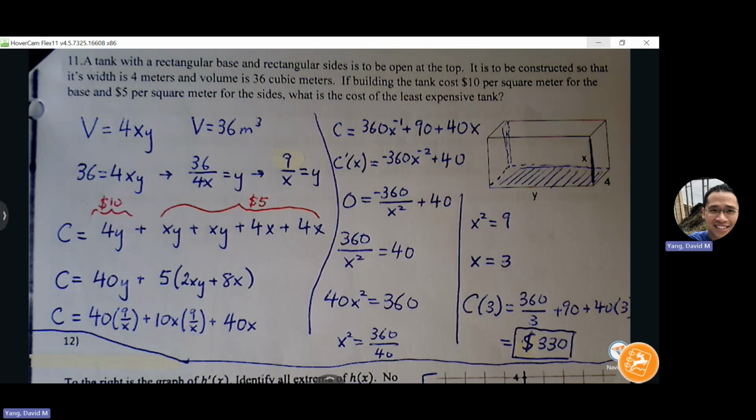Because the material that costs money is not the space inside the box, it's the material that makes up the box. So the volume acts as the supporting equation for our cost equation. I started off by building my surface area equation, and then I worked in the cost.